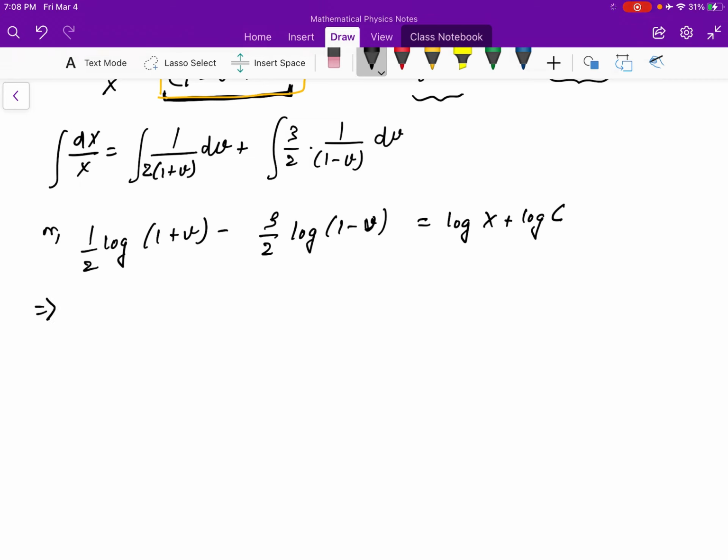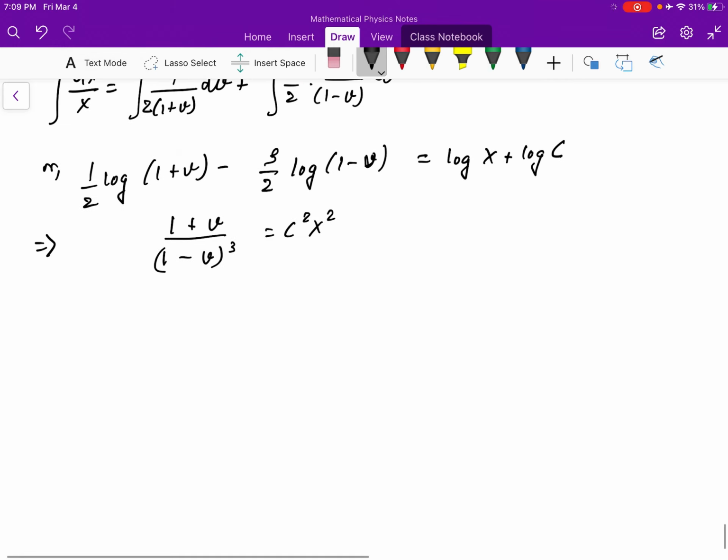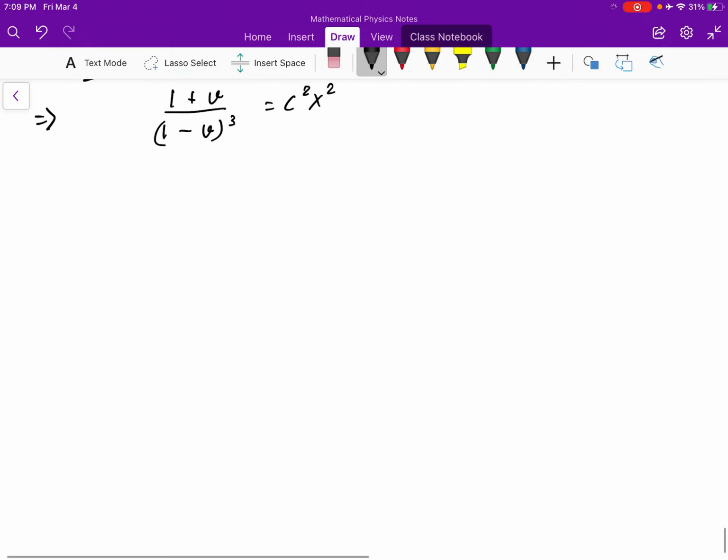Finally, we arrive at this expression because we use some logarithmic identities, which are very easy to use. And we obtain (1 plus v) upon (1 minus v) cubed, and that is equal to c square x square, right? All right, but the game isn't over yet.